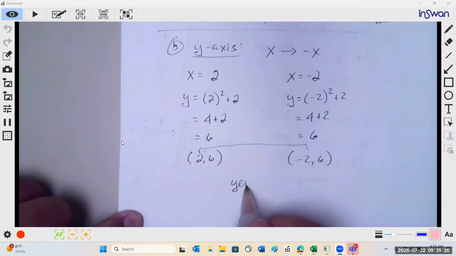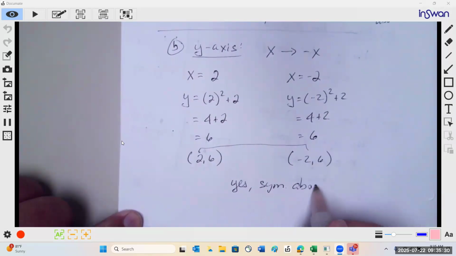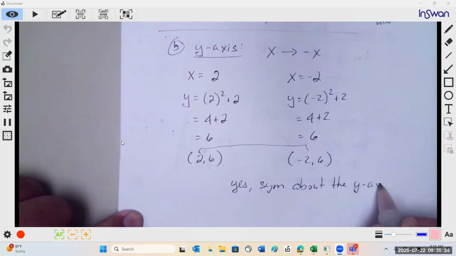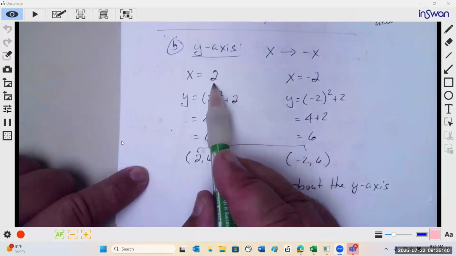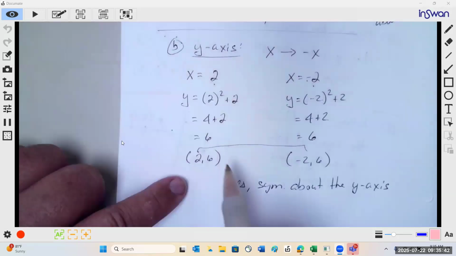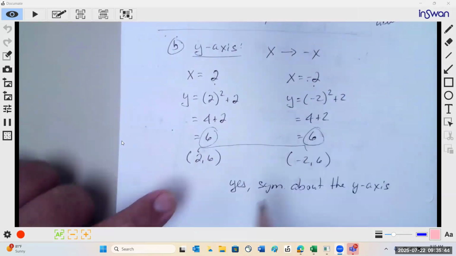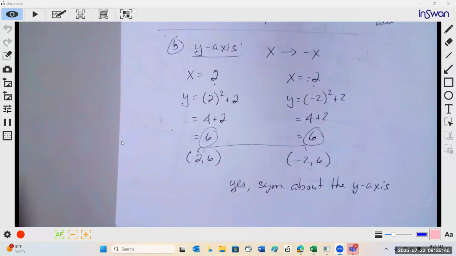So yes, it is symmetric about the y-axis. Because I put the same value but different signs, I got the same answer. That's symmetry.